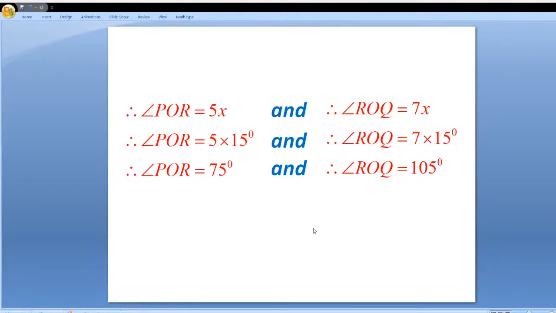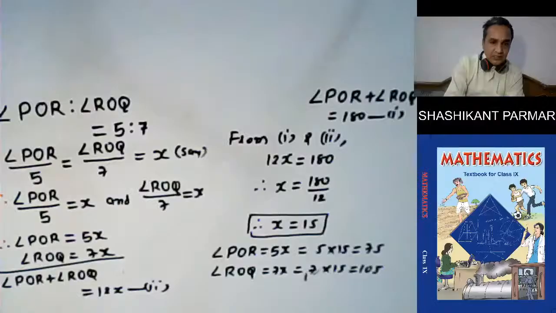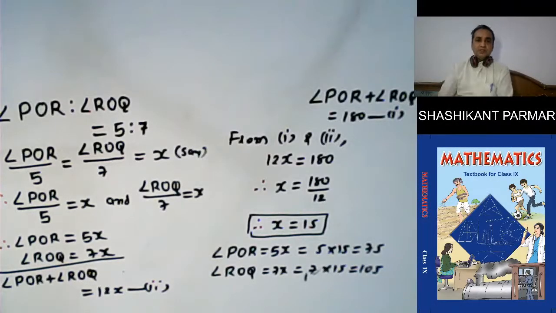Then put the value of x. So you have angle POR 75 degrees and angle ROQ is 105 degrees. See here on the board.